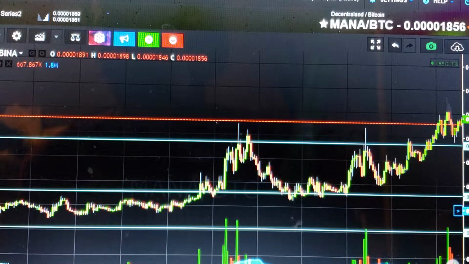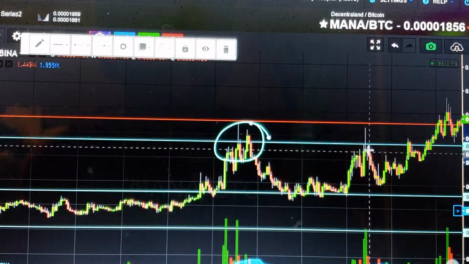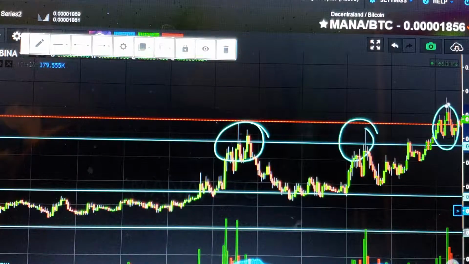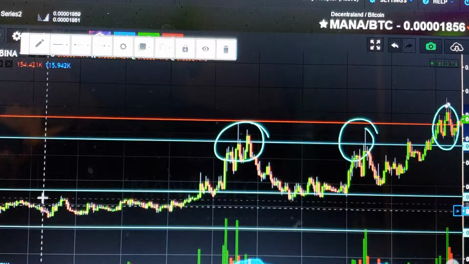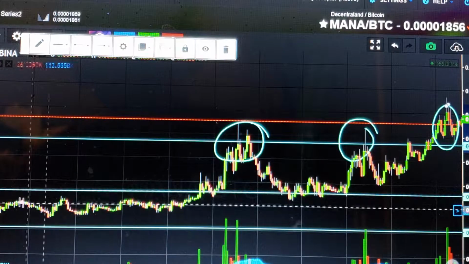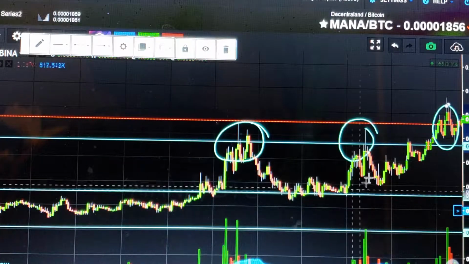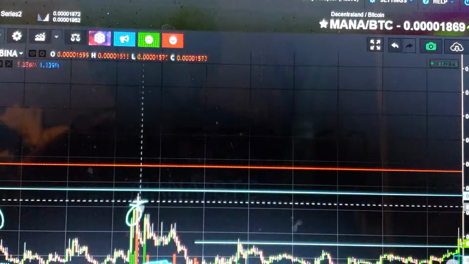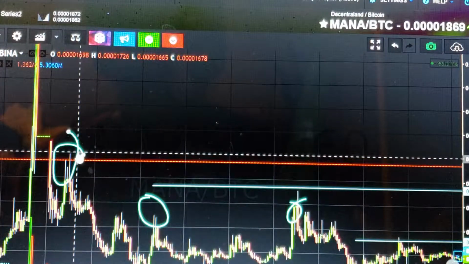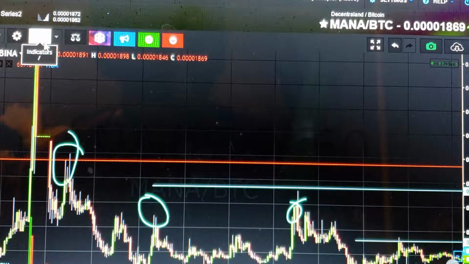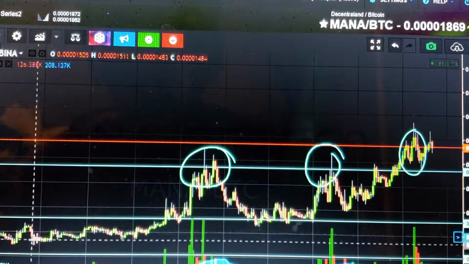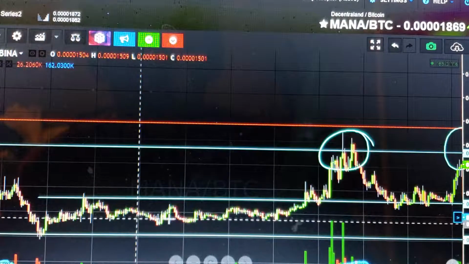So you can accumulate MANA down here, and this should be in between like 17, 18. Some of these jump up to the 20s. This one here was like 42. So you're playing all through this little zone.